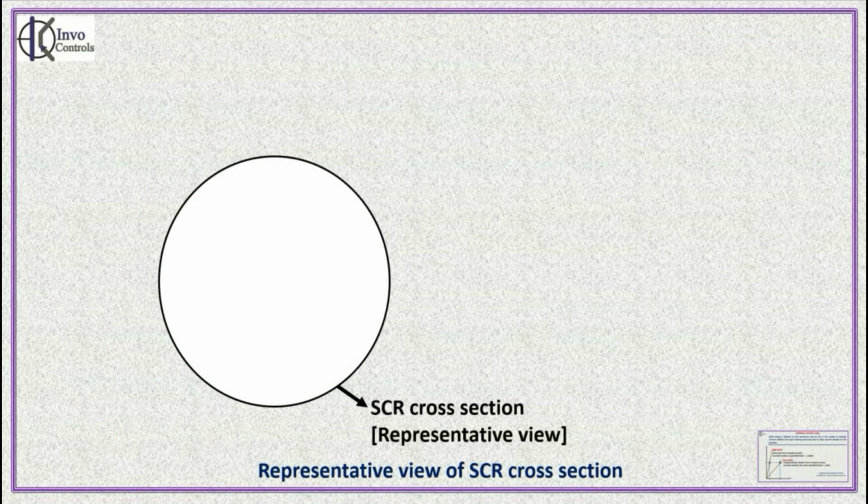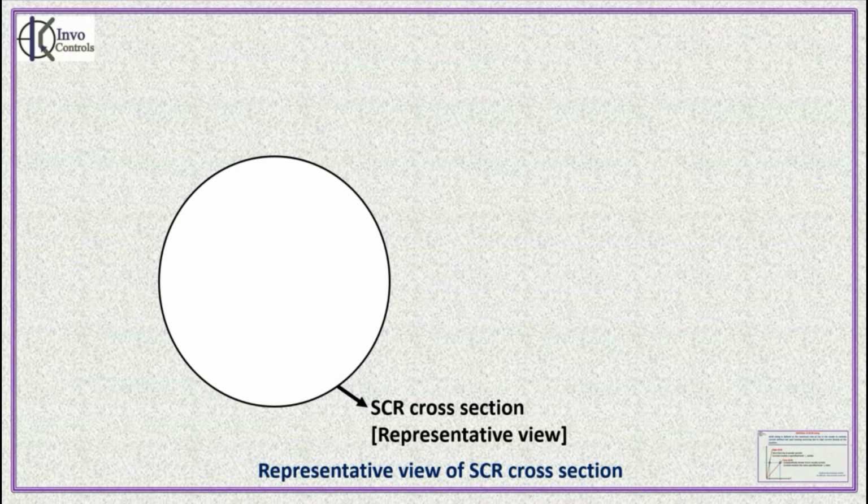The figure shows a representational view of the SCR cross section. When the SCR is triggered on, the anode current rises from 0 to its maximum value at a rate determined by the elements connected in the circuit. This is the circuit di by dt.